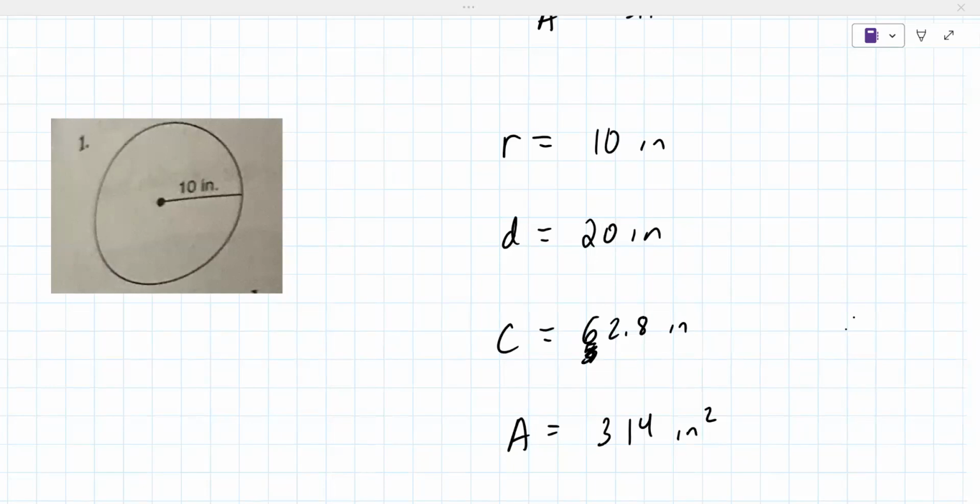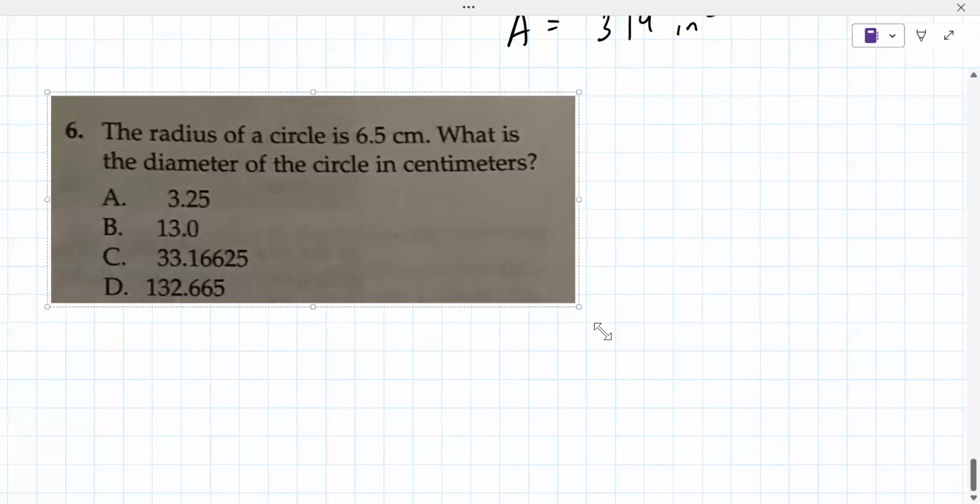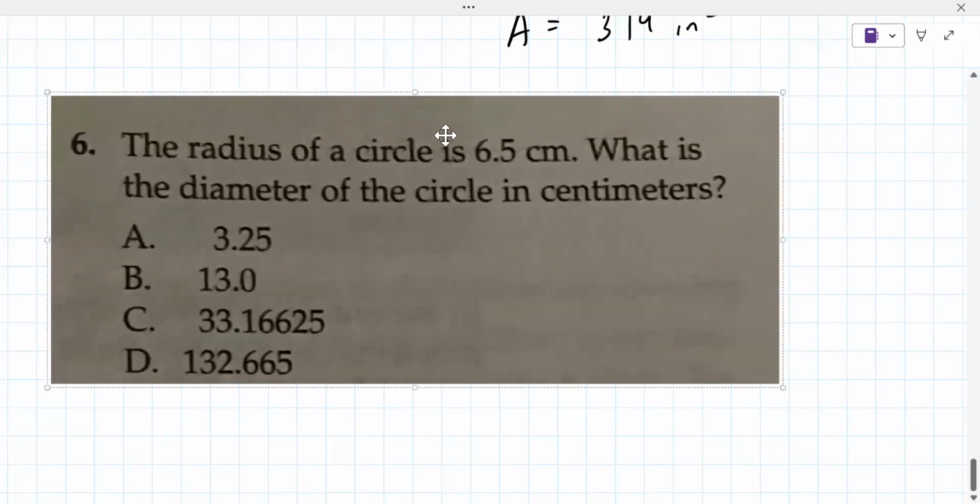Mm-hmm. Excellent. Okay, so let's work a couple of word problems together, and then we'll go back to having you do a couple more full questions. So here's your standardized test practice. It says the radius of a circle is 6.5 centimeters.